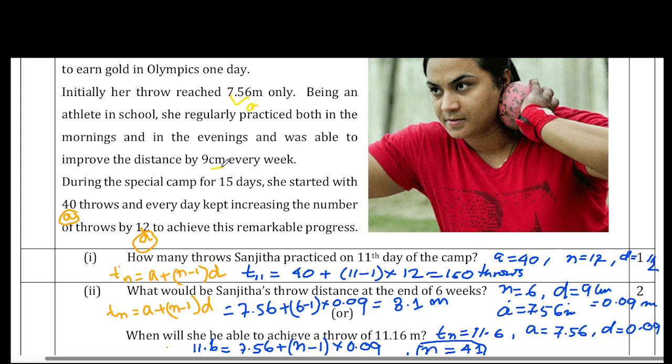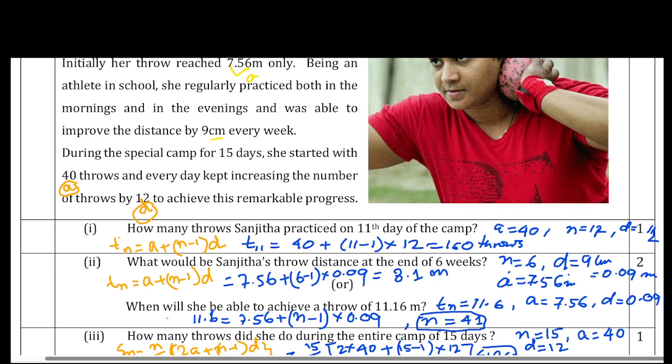And 9 was the common difference every week, so you can convert centimeter to meter, 0.09. So this will give you the value 7.56 plus 6 into 0.09, 8.1 meter. Sanjita's throw distance at 6 weeks is 8.1 meter.